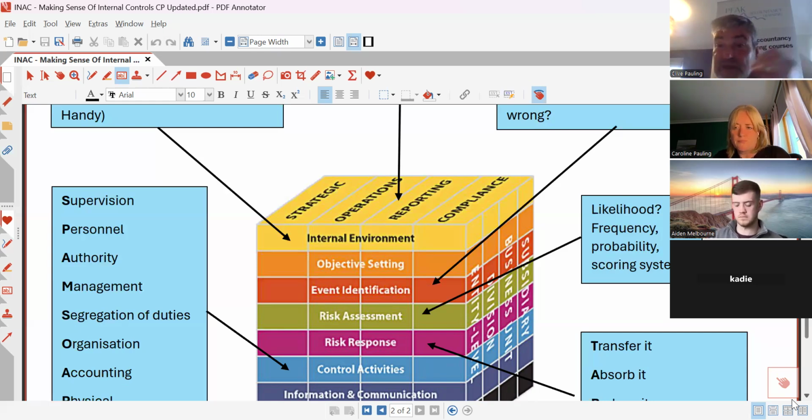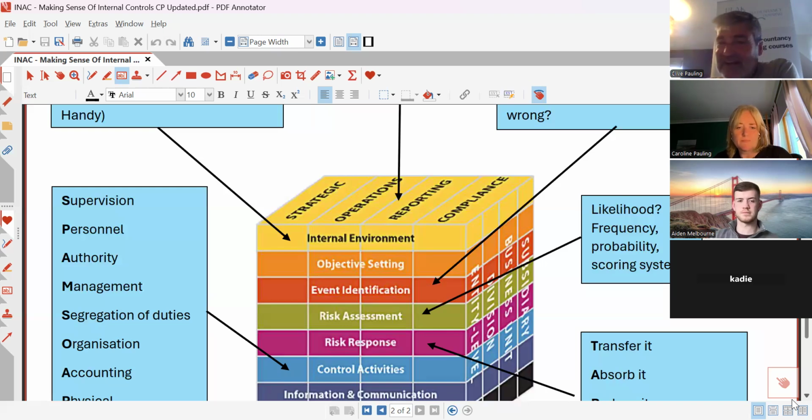So you can think about a finance department and think, okay, what are the operational objectives of finance? What are the reporting objectives? What financial reports, financial statements does finance need to issue? What's all the legislation and regulation that finance have got to abide by? So set your objectives.